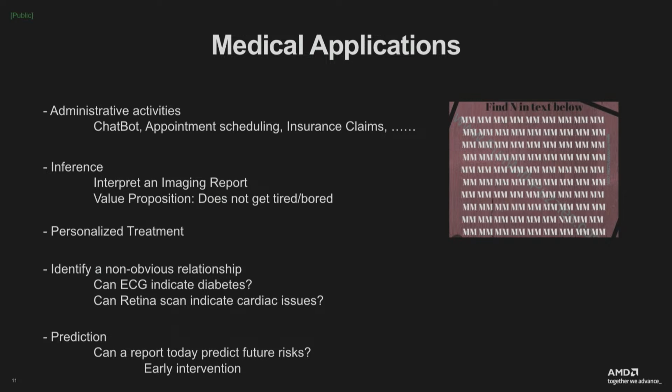Can a report today predict problem that will happen tomorrow, right? There's a very famous book these days called Outlive. I don't know how many of you have heard of this book, Outlive, right? In that book, the doctor talks a lot about the presence of a gene marker detected at the age of 30, which can point out the possibility of dementia at the age of 70. Okay.